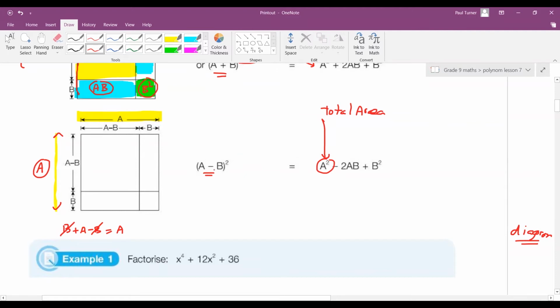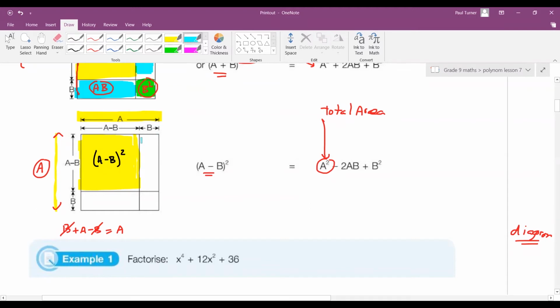So we want an expression for (a - b) squared. Well, let's look at these areas. So this yellow one here, the area of this square must be (a - b) squared, yes? (a - b) times (a - b) is (a - b) all squared. That's the area of the yellow square.